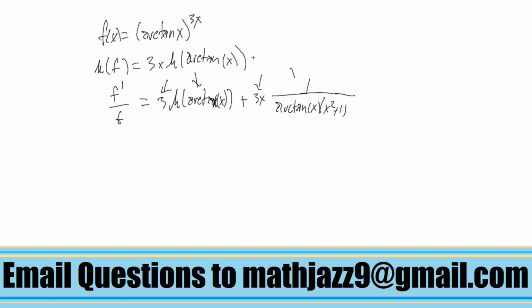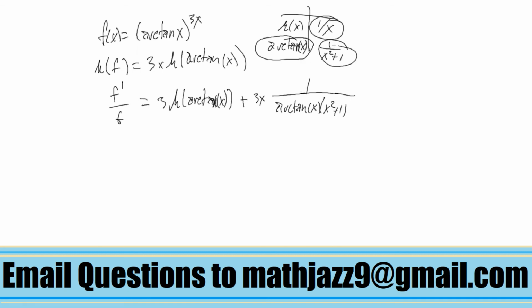And then, to get the derivative of the second, we use the chain rule, which, if I did it slower, would be ln x as our outside function, arctan as our inside function. The derivative of ln x is 1 over x, the derivative of arctangent is 1 over x squared plus 1. Plug this function into this function, so that's 1 over arctan x, multiplied by 1 over x squared plus 1.